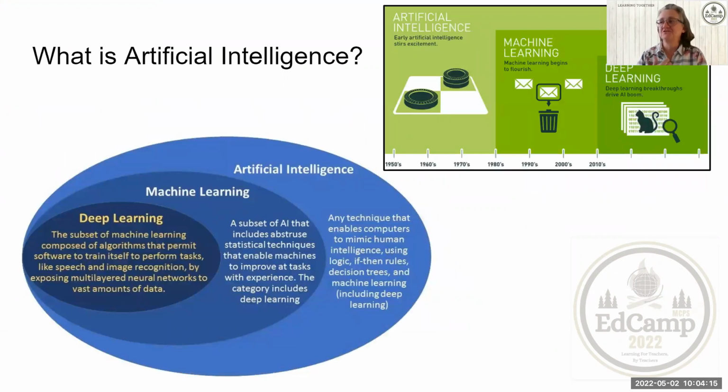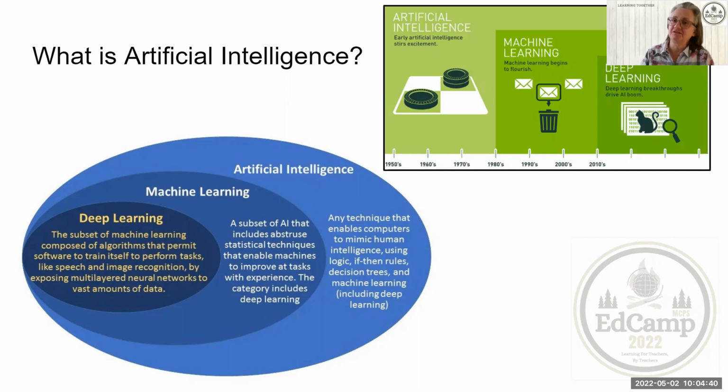So what is artificial intelligence, by the way? A lot of people argue about what it means, but the surprising thing to a lot of people is that it's actually been around for quite a while. The concept of artificial intelligence has been around literally since the 1950s. As soon as computers came about, people were talking about trying to get machines to think like humans and developing programs in that way.